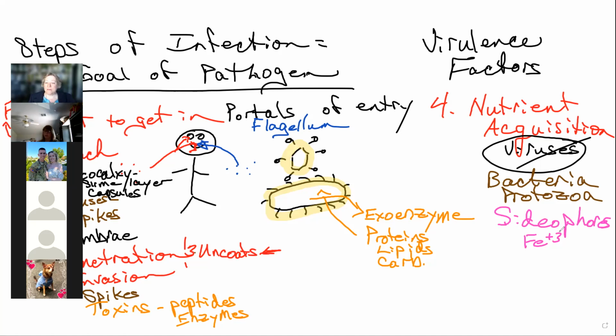Trace nutrients. Because iron and magnesium and some of these other minerals are so important to us, and there's just a little bit of it, we have proteins that carry them. Using iron as an example, if I'm going to move iron around my blood, I use a molecule called transferrin.